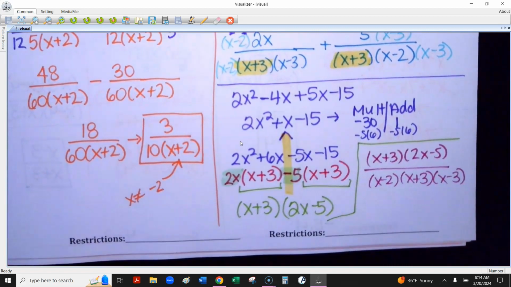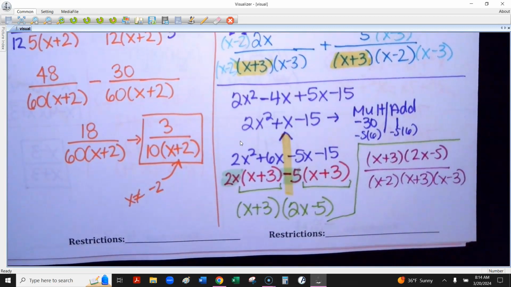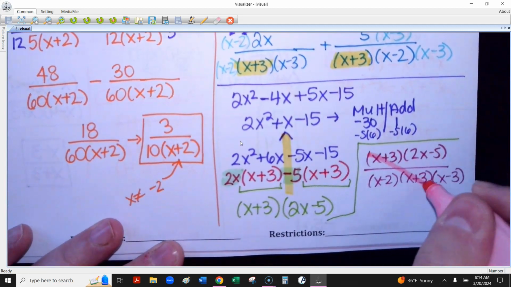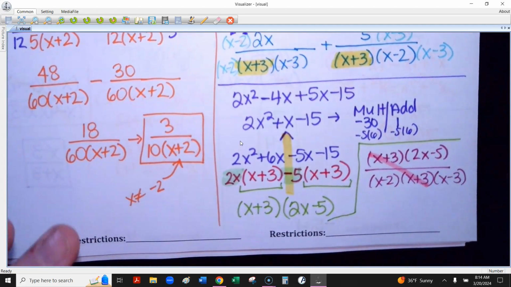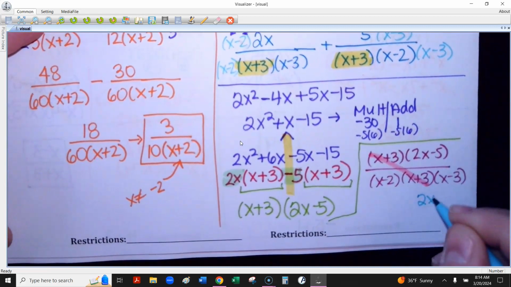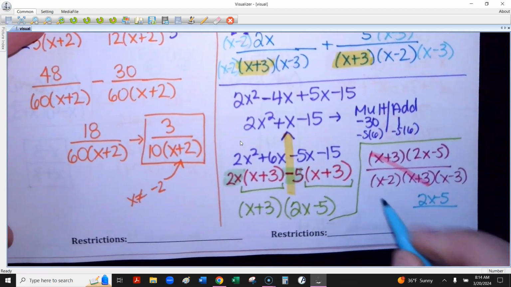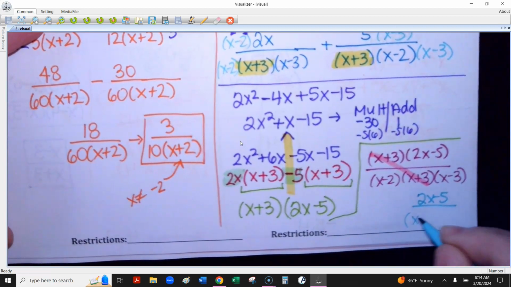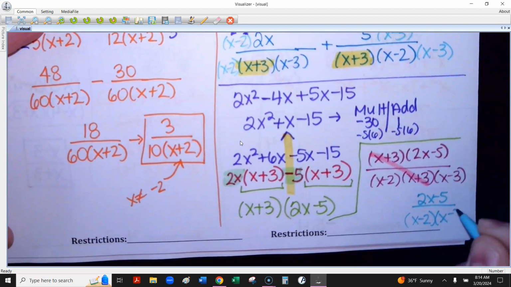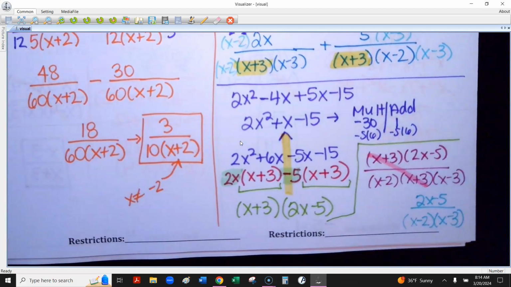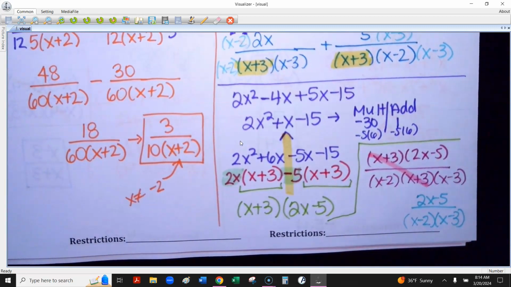And then in this particular problem, I can actually cancel a set of factors here, but I am going to leave this in factored form. So my answer, what we'd have left on the top, 2x minus 5. On the bottom, just leave it in factored form, so just leave the parentheses, x minus 2, x minus 3. And then your restrictions, sorry, I should have done that up in the original.